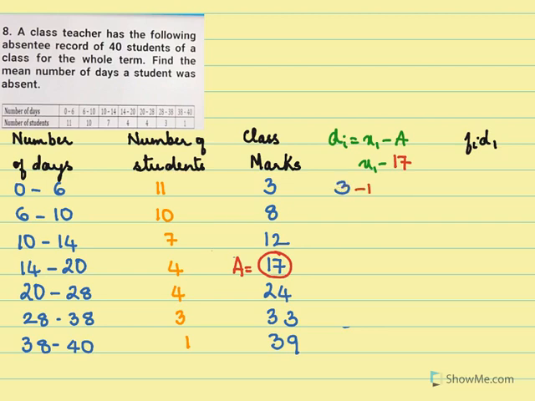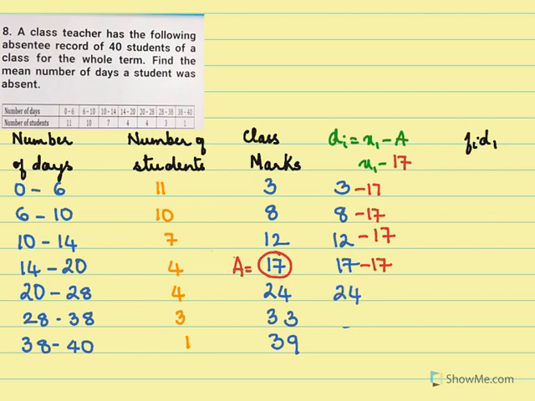First we'll do 3 minus 17. For the next we'll do 8 minus 17. Then we do 12 minus 17. Next will be 17 minus 17. Each reading we subtract from 17.